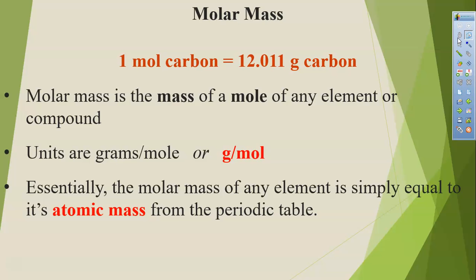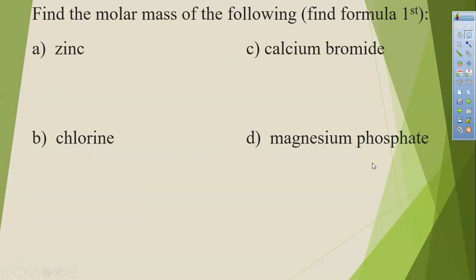Molar mass is the mass in 1 mole of any element or compound. The units are grams per mole, or g/mole. The molar mass of any element is equal to its atomic mass from the periodic table. Sounds complicated, but it's really not.